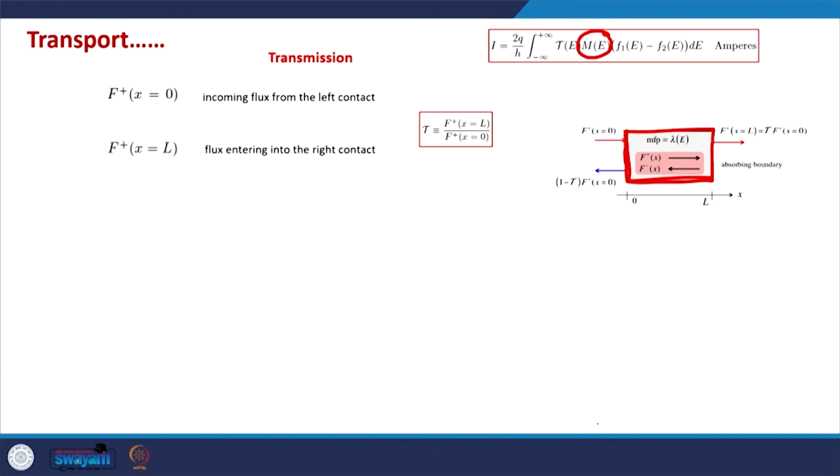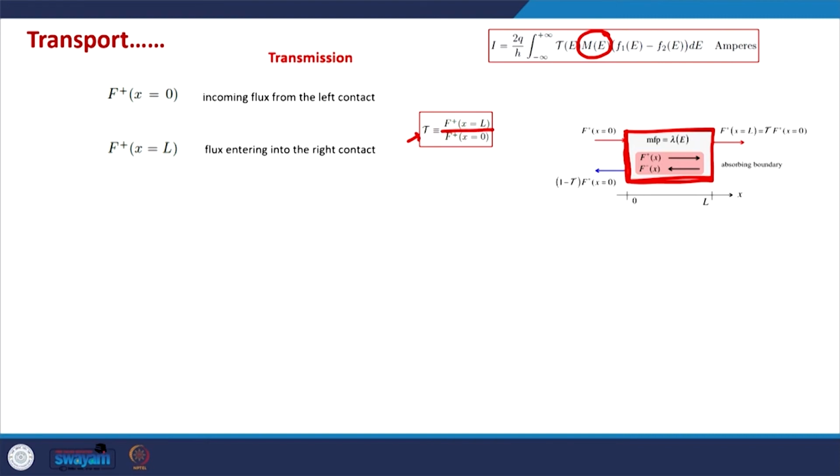if you remember, generally the electrons are injected from the source side, they travel to the drain side, and the transmission is defined as the electrons received on the drain side divided by the electrons injected from the source side.